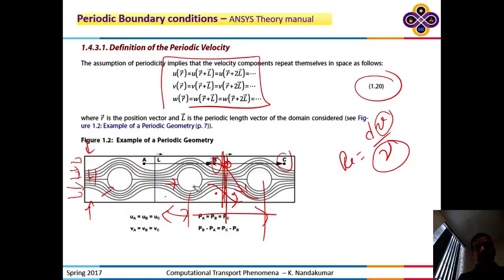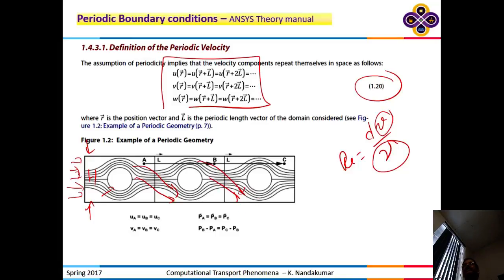I think it's too cluttered, so let me just take another example. If the flow is not symmetric about this axis, but it crosses like this, and then it crosses like that, then I don't have symmetry, but I have periodicity, because the velocity vector has the same direction in both places.